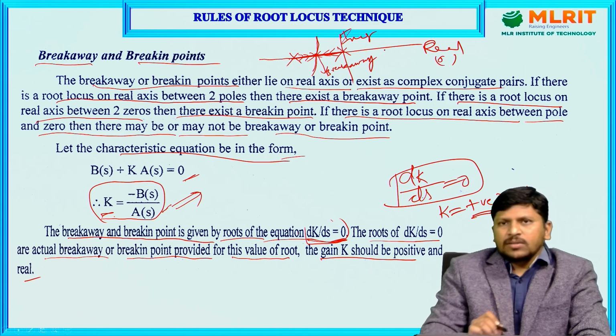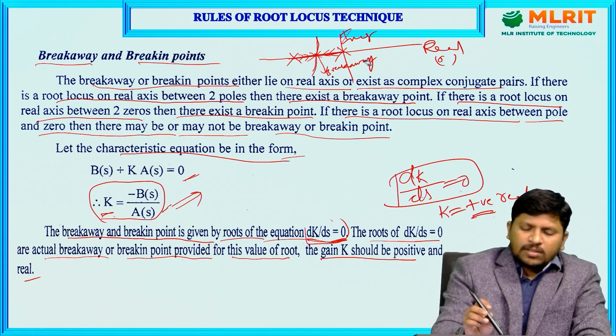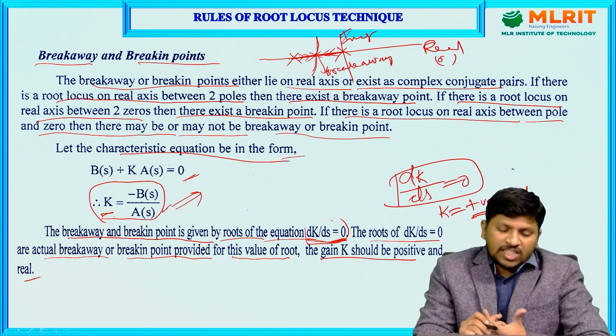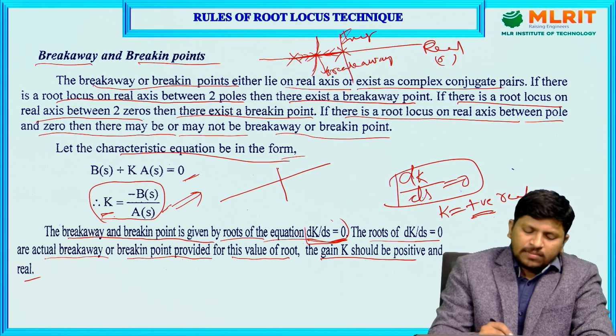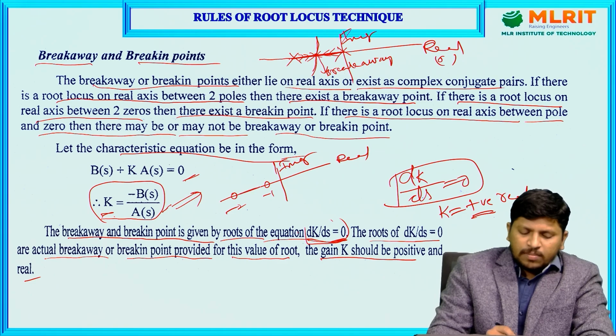away point. This is nothing but the breakaway point between two poles. Breakaway, adjacent two poles, breakaway or breaking point, imaginary and real. So 0 is available here, also 0 is available, minus 1, minus 2, between these two one root locus is available.